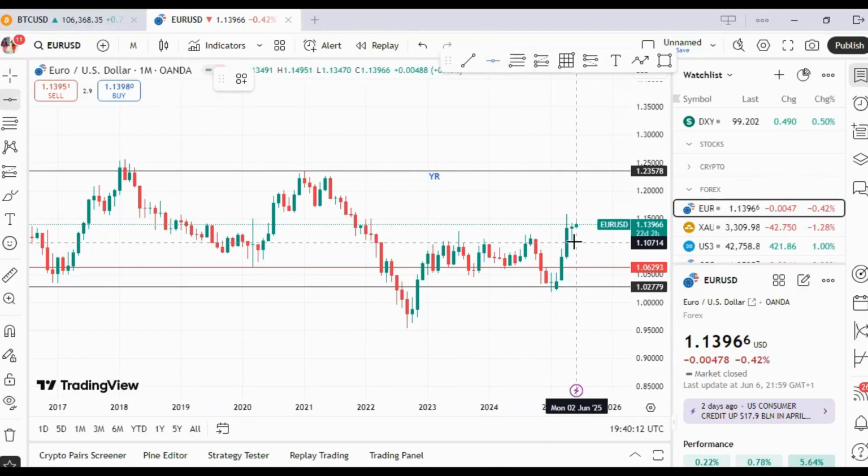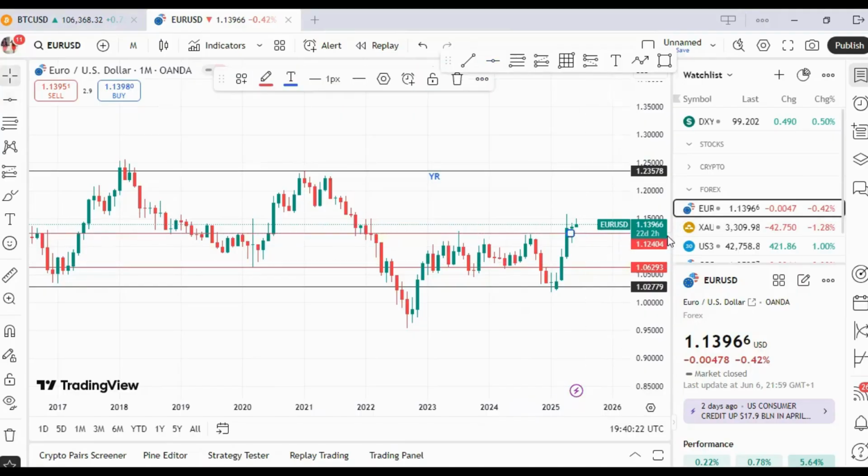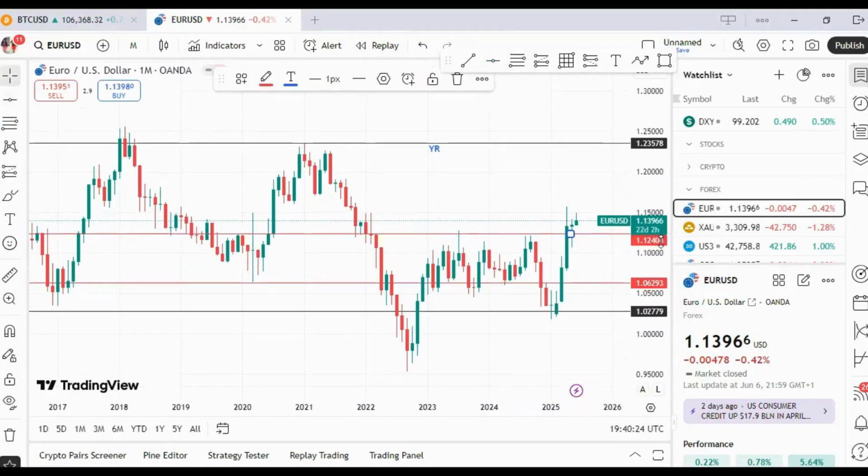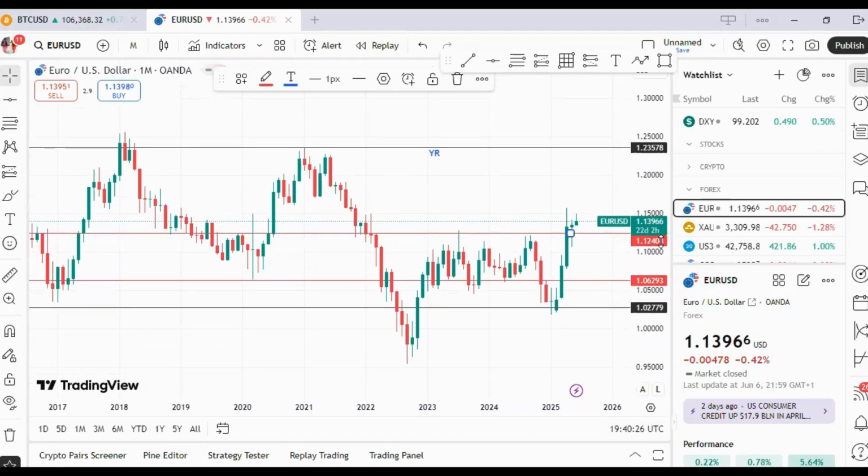Now for my resistance, where should we use? Should we use here? Let me see. This one looks pretty strong. You can see, guys, this place has been rejected 1, 2, 3, 4, 5, 6.